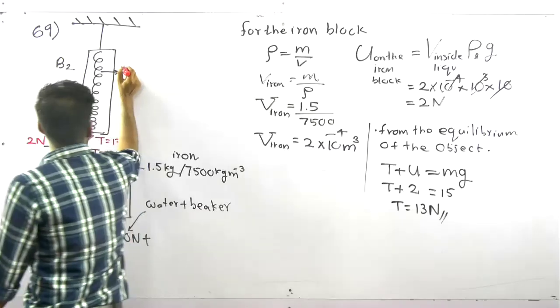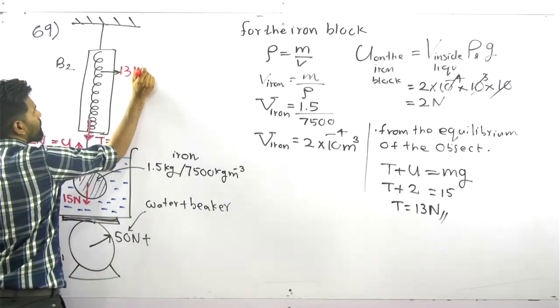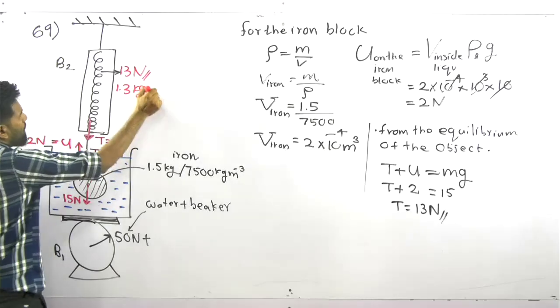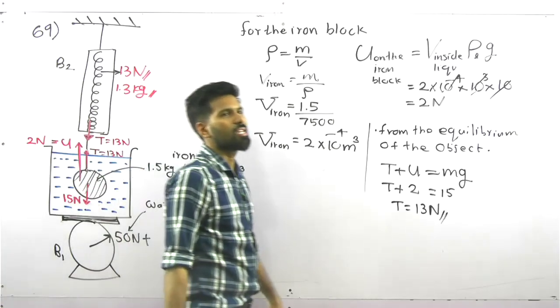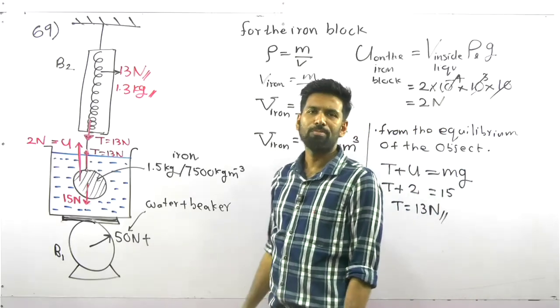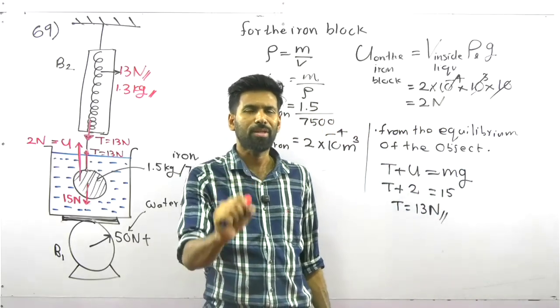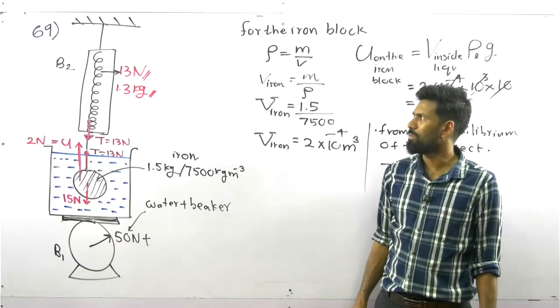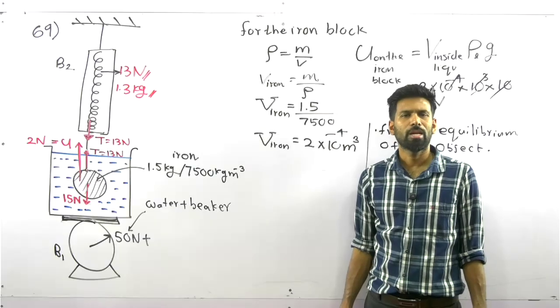So here the reading is 13 newtons, 1.3 kilograms. Balance B2 will have a reading of 1.3 kilograms.